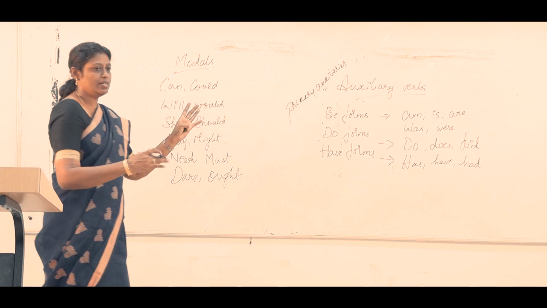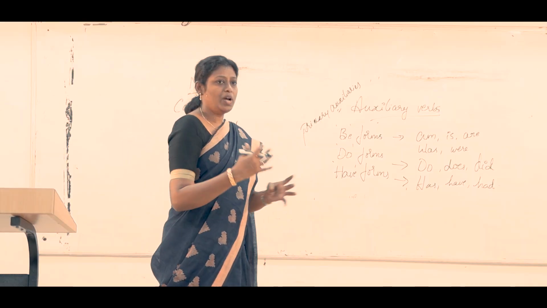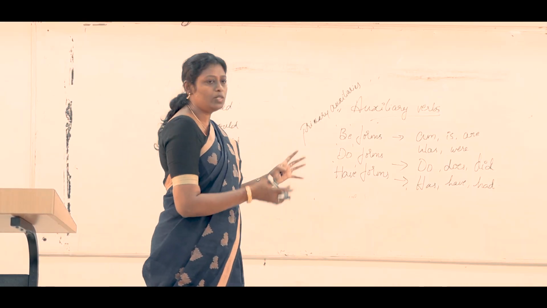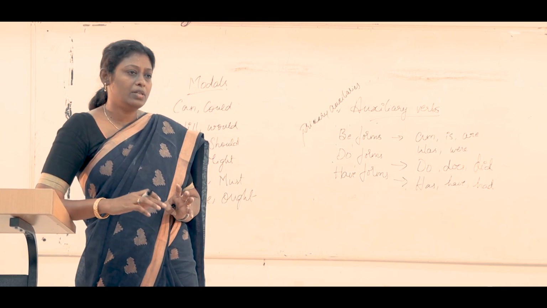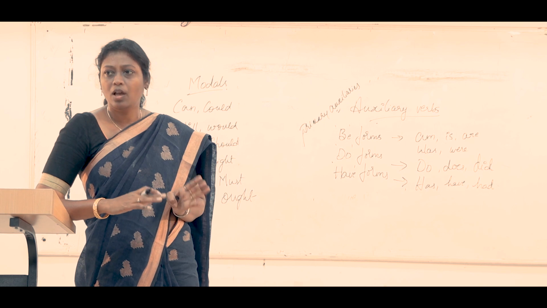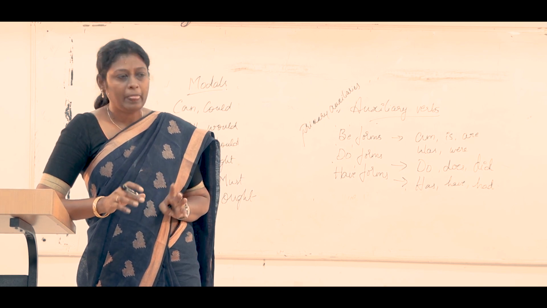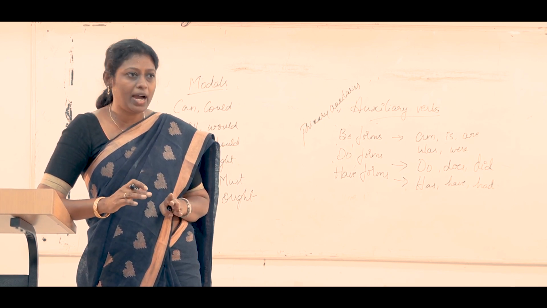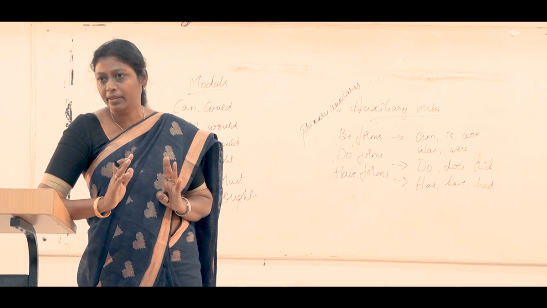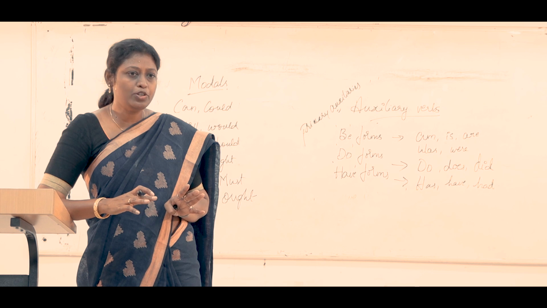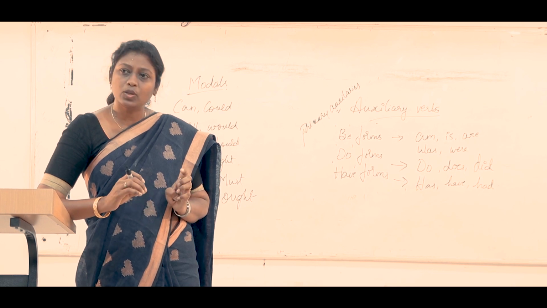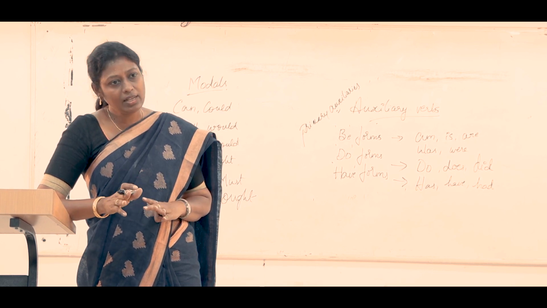Now shall we revise once what we have seen today? So we spoke about what, guys? The subject, verb and object. Every sentence has three parts: subject, verb and the object. Now verb can be classified into two: the main verb and the auxiliary verb.